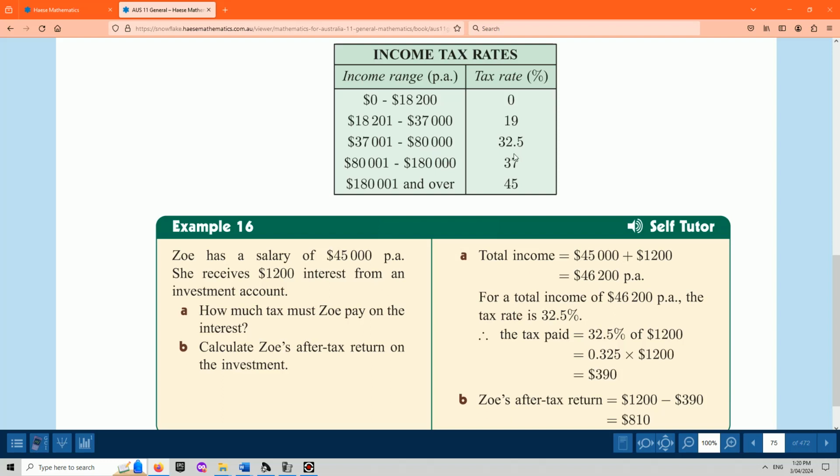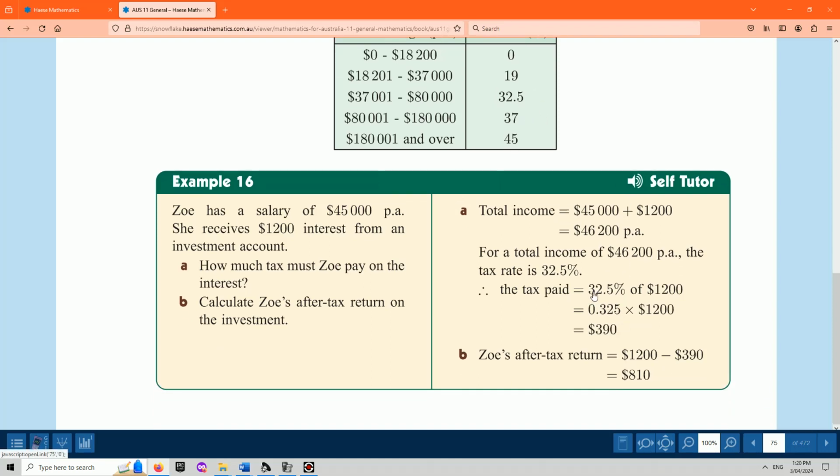The first part is working out what tax level. This one is 32, our question is going to be at 37. So we simply need to work out the percentage of the new money, not the entire income, the tax on the interest. And then we subtract.